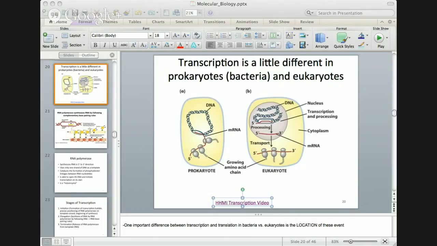Just to review here, the cap is this 7-methylguanosine. It's very much like the addition of an additional nucleotide at the 5' end of the RNA transcript.